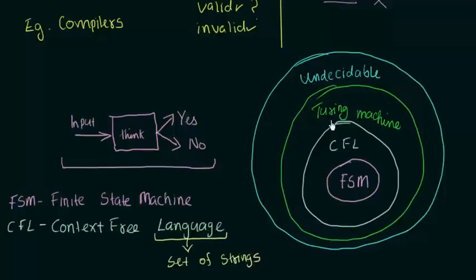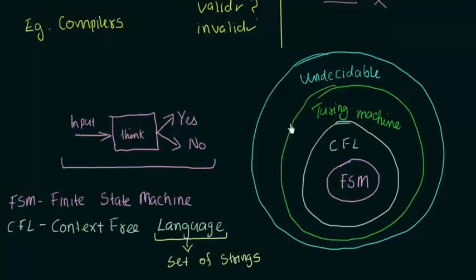And in the next layer we have something known as the Turing machine. A Turing machine is a machine that can perform high-level computations and calculations. It was designed by Alan Turing in 1940, and it is much more powerful as compared to context-free languages and finite state machines. In the next layer we have this labeled as undecidable, and why is that?